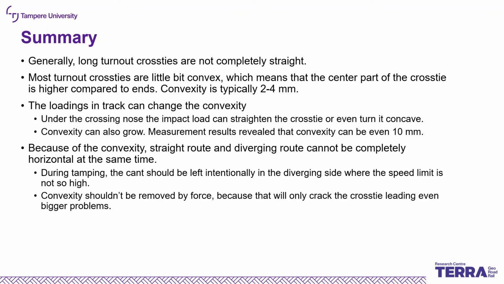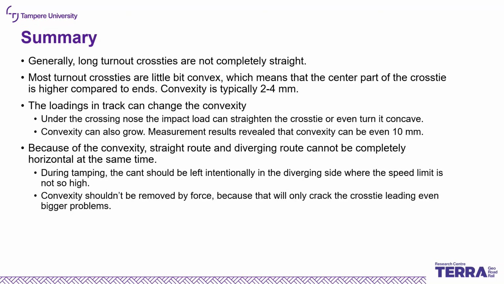Underneath the crossing nose, the impact load can straighten the cross ties or even turn them concave. But convexity can also grow, and measurements revealed that the convexity can be even 10 millimeters if the contact between the ballast and the cross tie is insufficient.